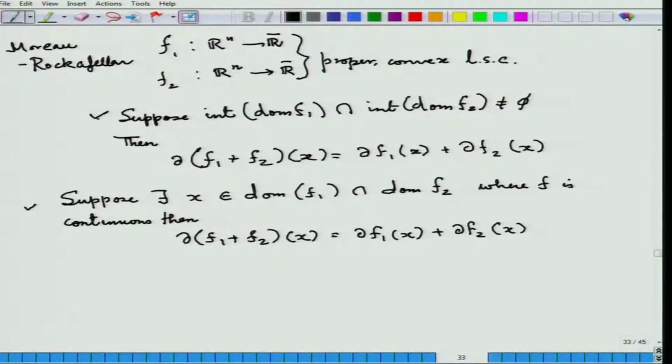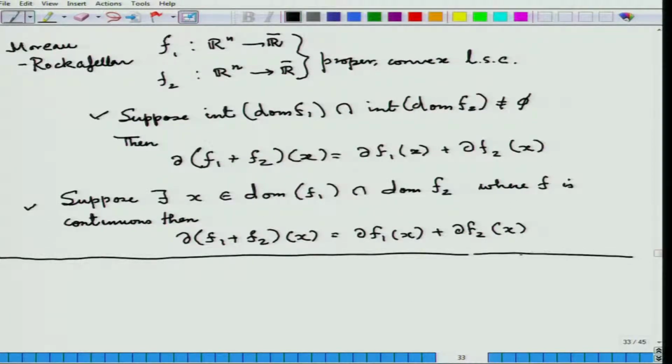Now, what is the use of such a result? Why are we so interested in these extended valued convex functions and what do we want to do with them? We want to find the optimality condition that we have been looking for so long. What have we been doing?